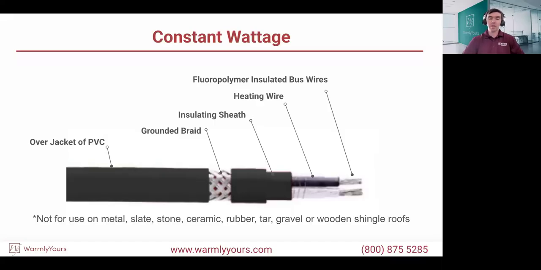Another thing to add to the constant wattage, on the technical side of things, is the name itself, right? Constant wattage. This cable, as soon as it's plugged in and getting power, just heats up and stays at the constant power output.